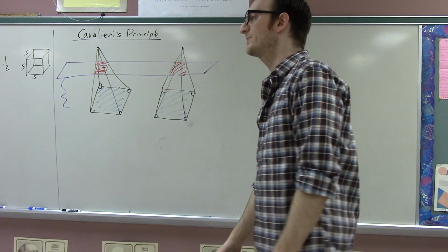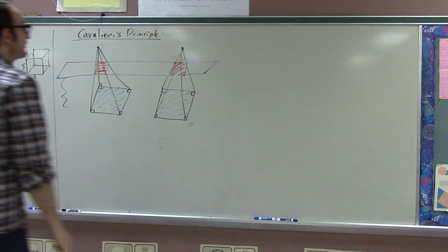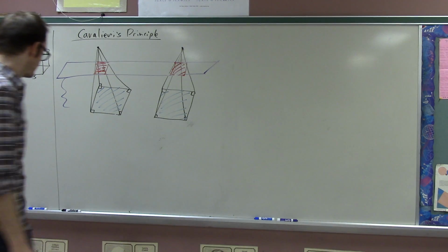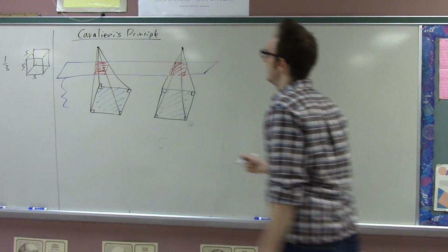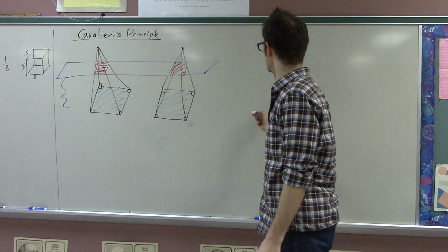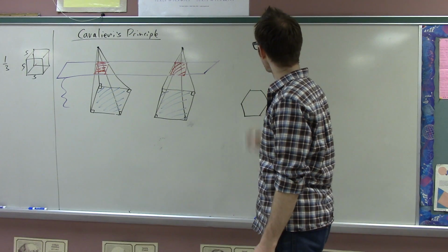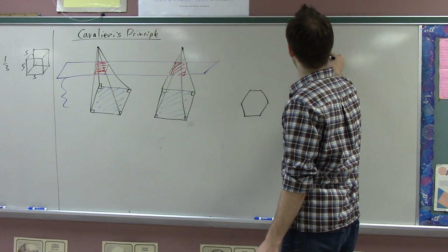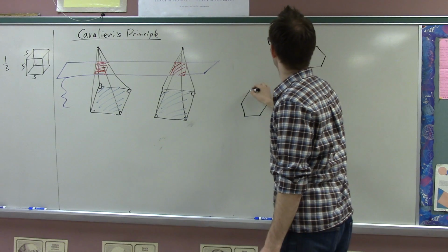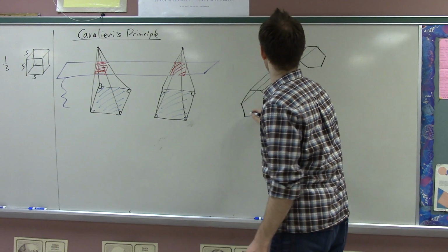All right, so if we believe that this is true, then this enables us to find the volume of not just prisms and pyramids that we've seen so far, but also strange prisms in which perhaps the hexagonal bases have been moved in some strange way.